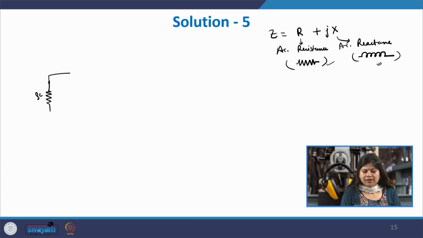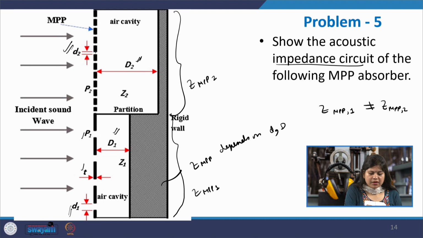So, we know that the total Z for every absorber would be Z of MPP plus Z of cavity. We will first have the acoustic impedance of the panel, then followed by the acoustic impedance of the cavity.